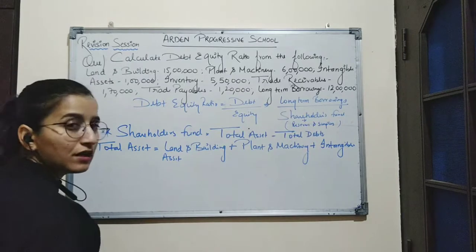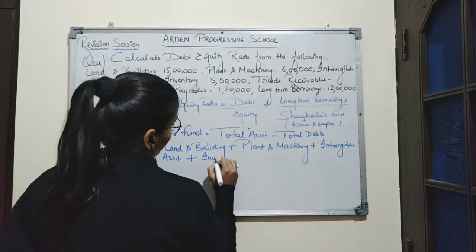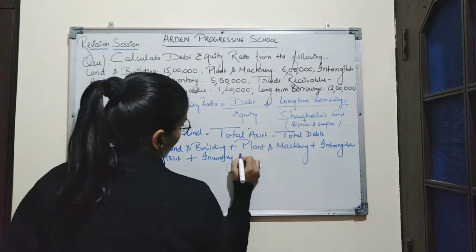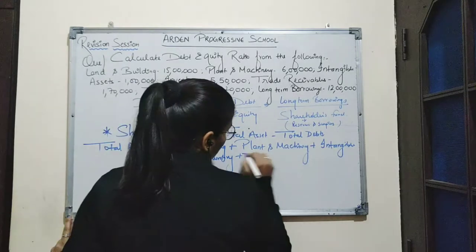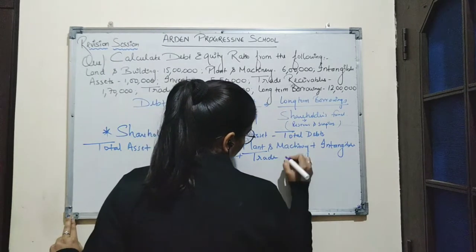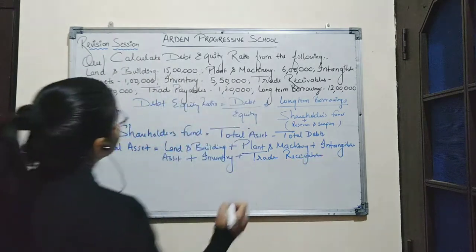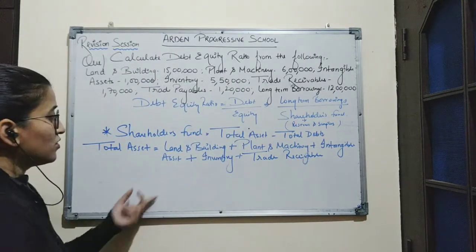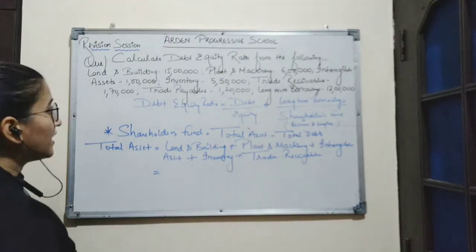After that we have inventory. Inventory is a current asset. Then comes trade receivable. Trade receivable is also a current asset. So now we will put the value of all the fixed and current asset.